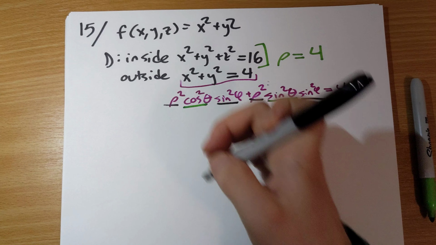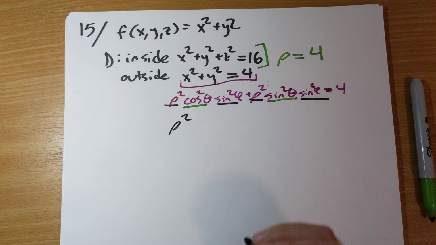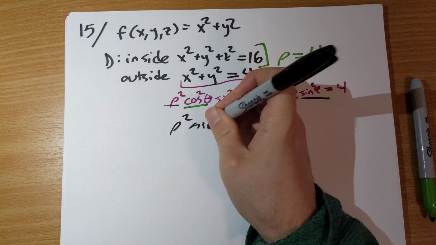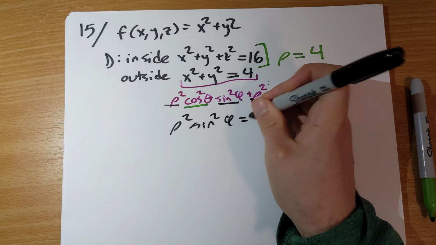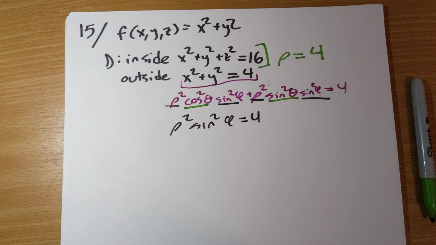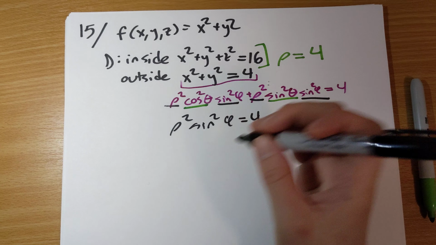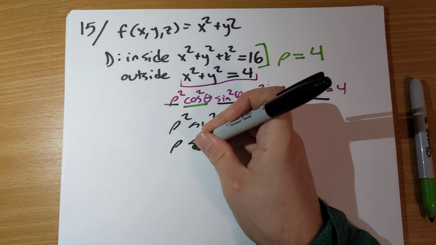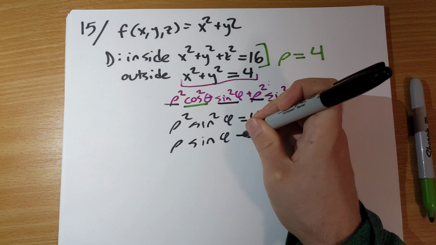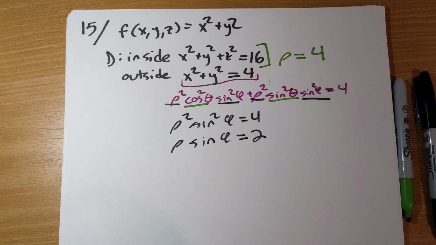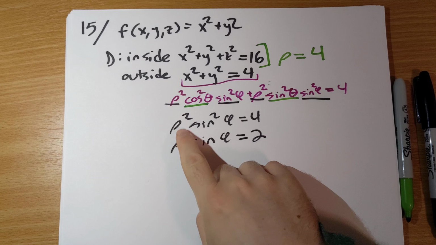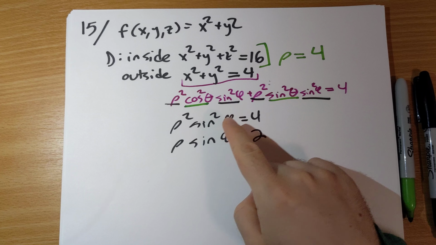The sum of those is 1. So this is just rho squared sine squared phi is equal to 4. We can take the square root of both sides to get rho sine phi is equal to 2. We're allowed to take the square root here because rho won't be negative.